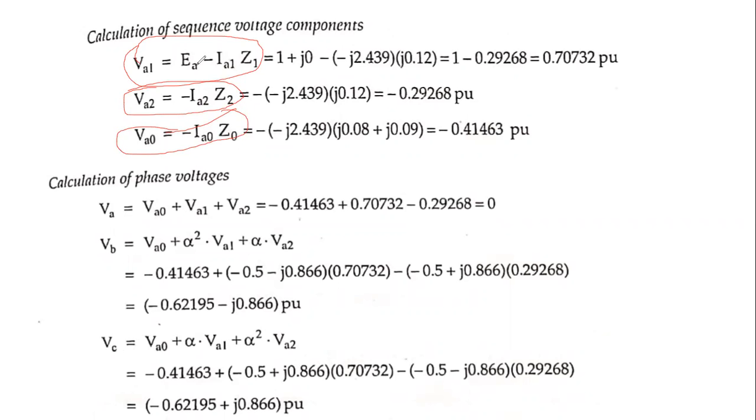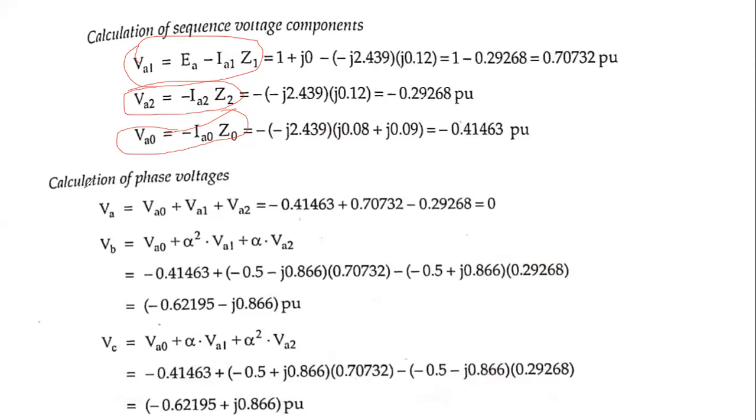EA is equal to 1 at an angle of 0 degrees, and IA1 is already calculated, minus j 2.432 into Z1, which is 0.12. Similarly, we calculate the VA2 value and VA0 value.